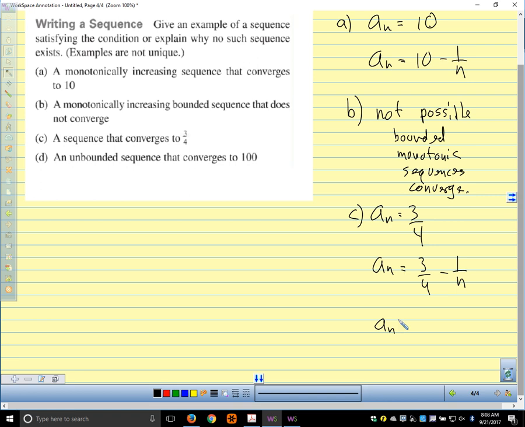Think about horizontal asymptotes for rational functions. 3n plus 1 over 4n plus 2. Perfect. This would converge to 3/4. I like that one. I thought of this one when I thought of that one. But this is definitely the easiest one.